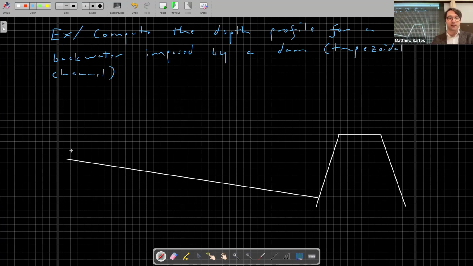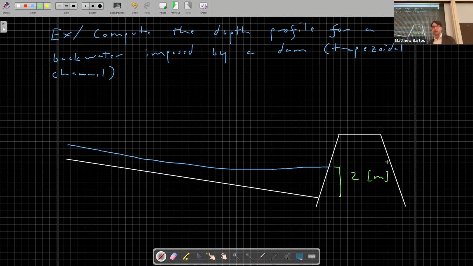The water surface might look something like this. We don't exactly know what it is yet. The depth of the water at the most downstream point is 2 meters. So we know the most downstream depth. The discharge is going to be equal to 12.5 cubic meters per second. So there's some water coming out of the other side of the dam, but we're not really worried about it.